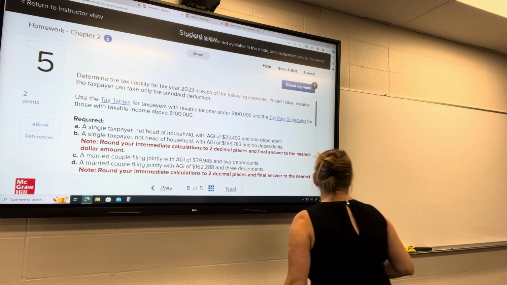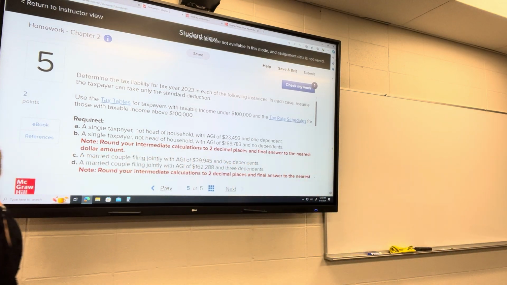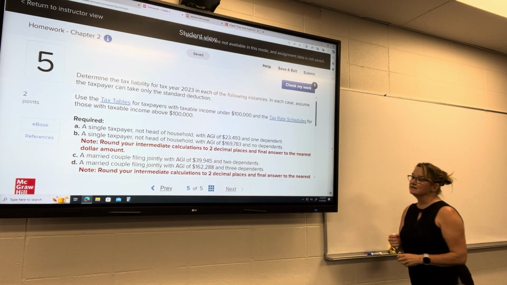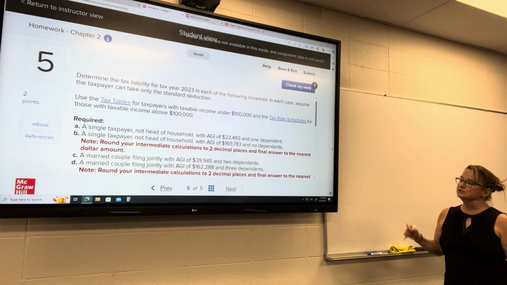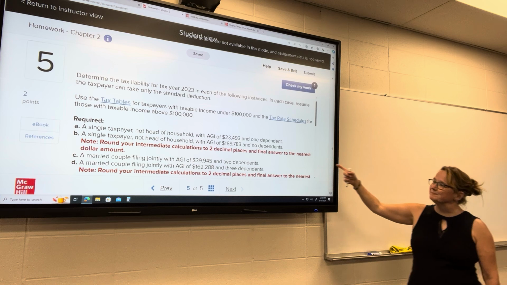So look at A. We've got a single taxpayer, not head of household, with AGI of 23,493 and one dependent. They are not head of household, but they have one dependent.